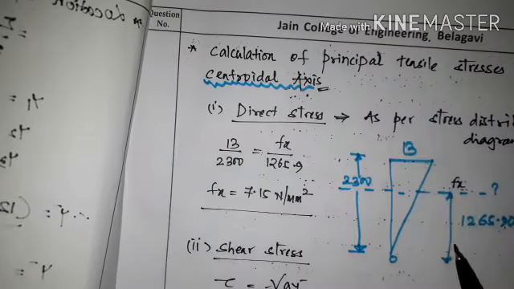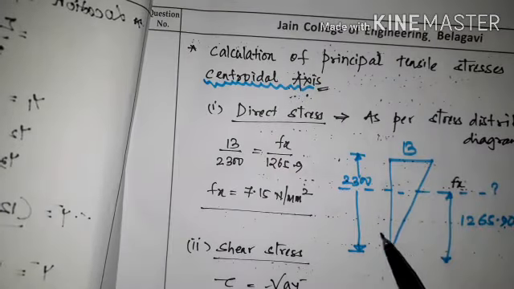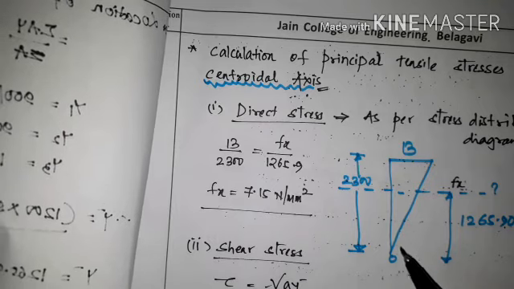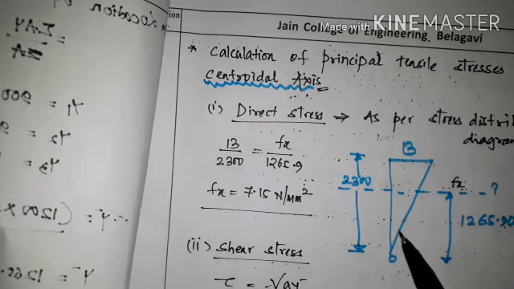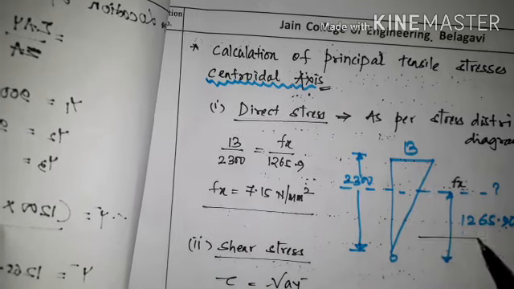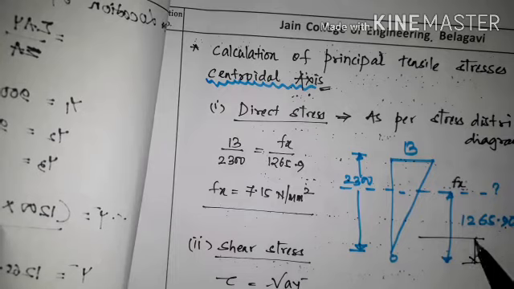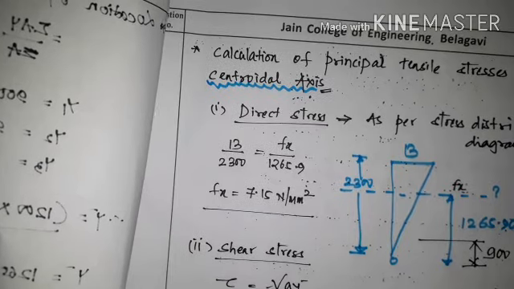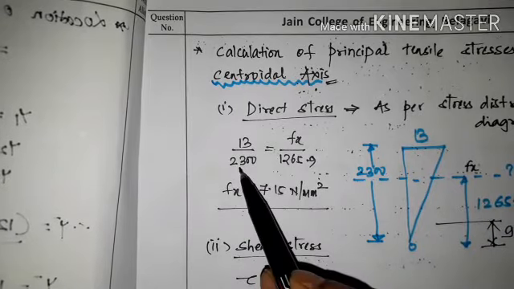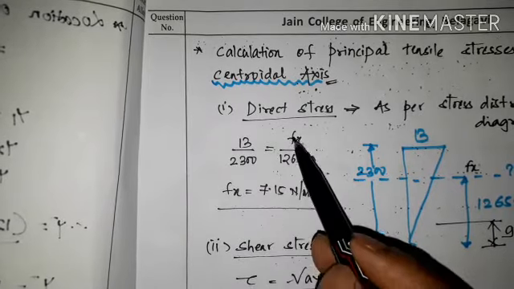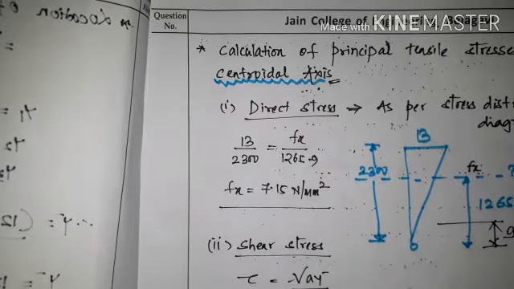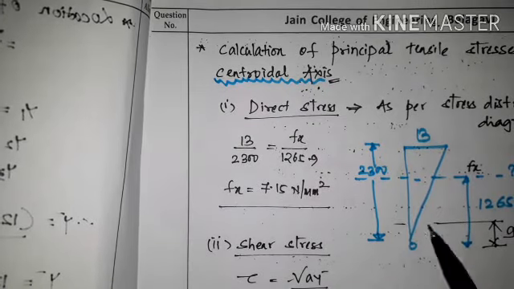We have to find it at the bottom flange, at a distance of 900. Earlier we had 13 divided by 2300 is equal to Fx divided by the distance, so now it will be Fx divided by 900, because this is the location of the bottom flange.